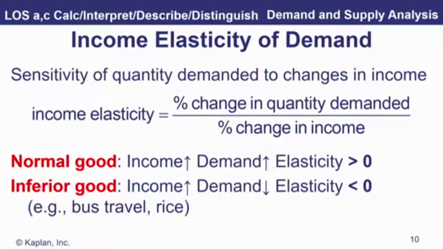But there are such things as inferior goods. Examples here taken from the CFA syllabus, bus travel and rice. So you may be offended here if you're a big fan of either of those two, but let's think bus travel. The idea is, at the moment, as a candidate for the CFA program, you have to travel by bus.